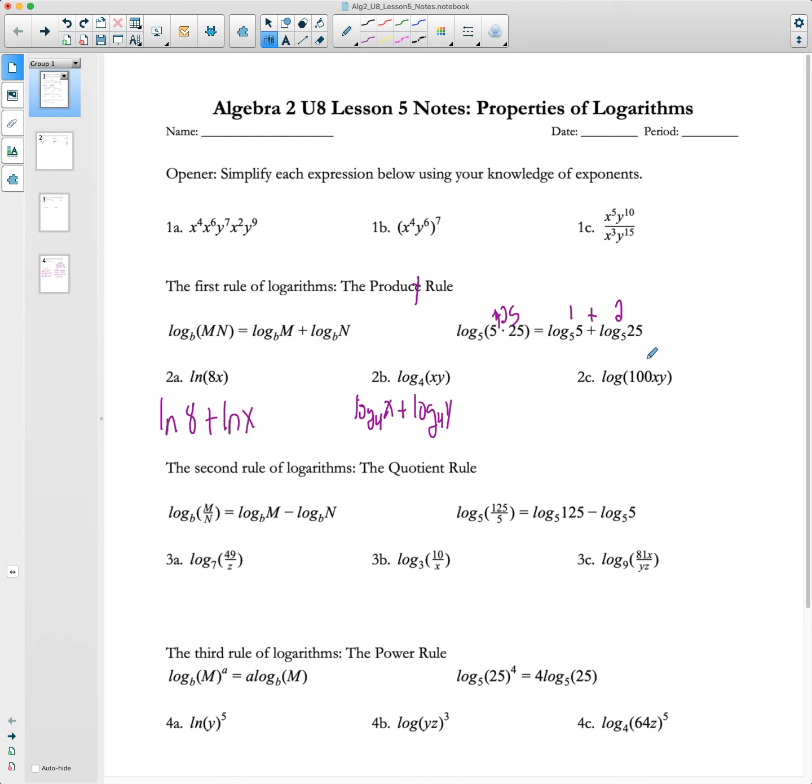Now, notice we have 3 things multiplied, right? And so the product rule, just like we had 3 things multiplied here and we could add all 3 exponents here, it carries over to what we do here. So if we have a product of 3 things, we can break it into 3 pieces. So we'd have the log of 100, and I apologize, my system is slowing down here, plus the log of x plus the log of y.